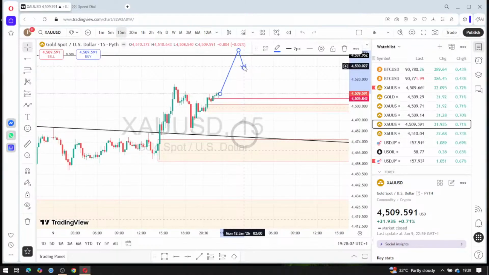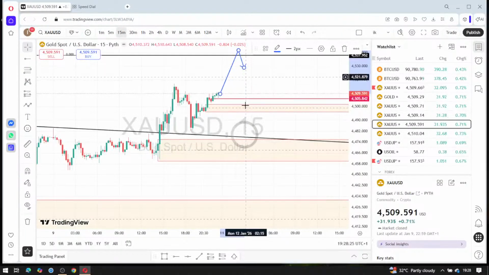Now, for aggressive traders, after that rejection, just take your sell position immediately and put your stop loss above the rejection candle.